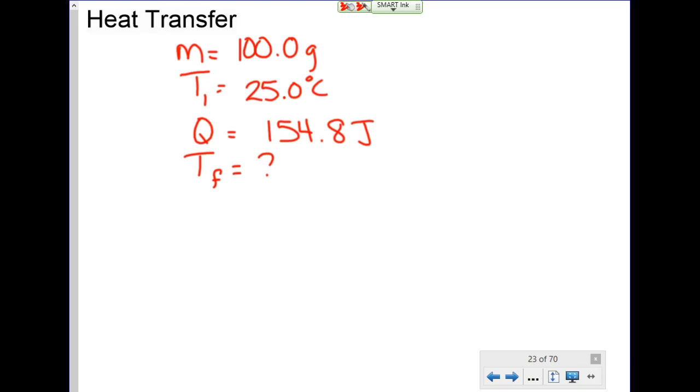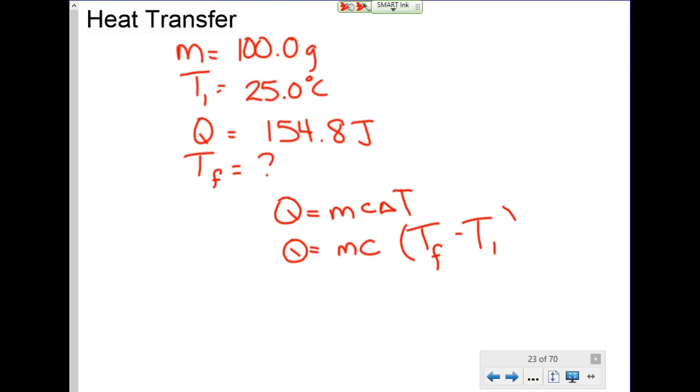We can solve for TF because we know that temperature change is final minus initial. There's another way to do it. It's actually a two-part question in the second way.